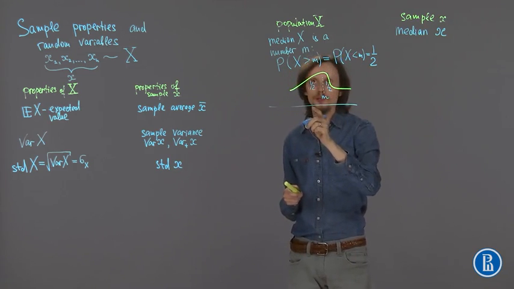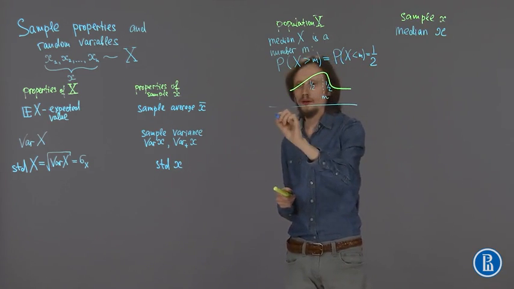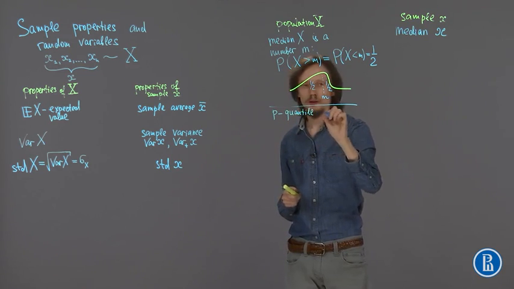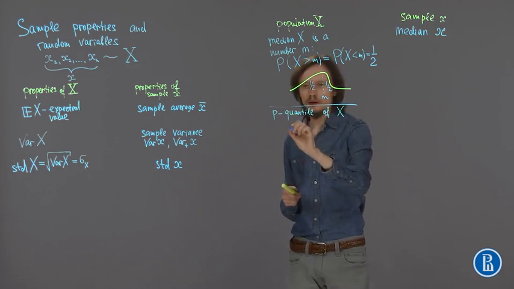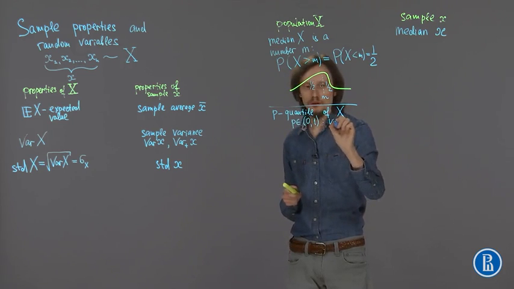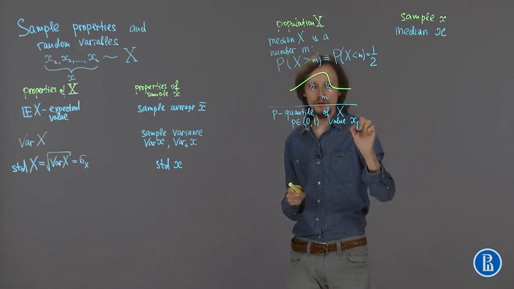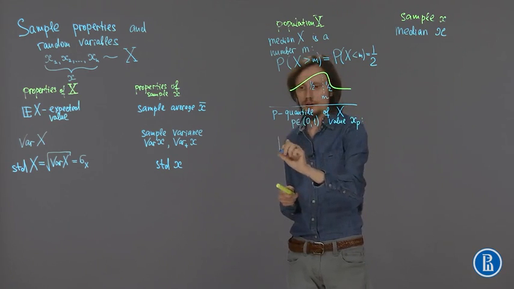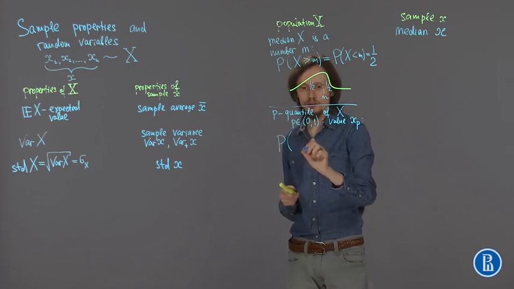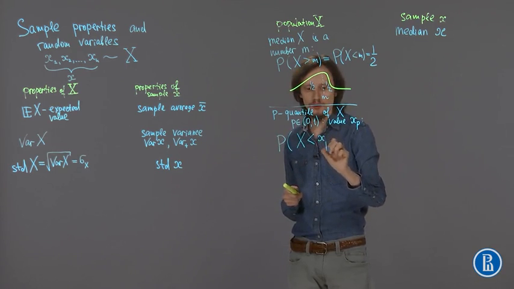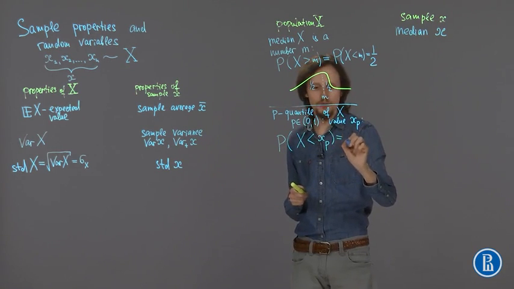Let me define what a quantile is for a random variable. The p quantile of x, where p is some number from 0 to 1, is such a value xp, which satisfies the following relation: the probability that x is less than xp equals p.